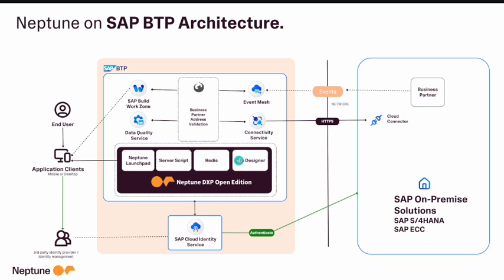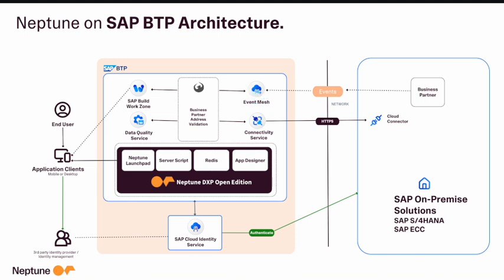With the Neptune App Designer, we develop a Fiori application which will listen to events coming from the event mesh. In this case, we will listen to business partner create and update events, which will be triggered from our S/4HANA system, which is on-premise. The system is connected and configured to use the event mesh in the SAP BTP.